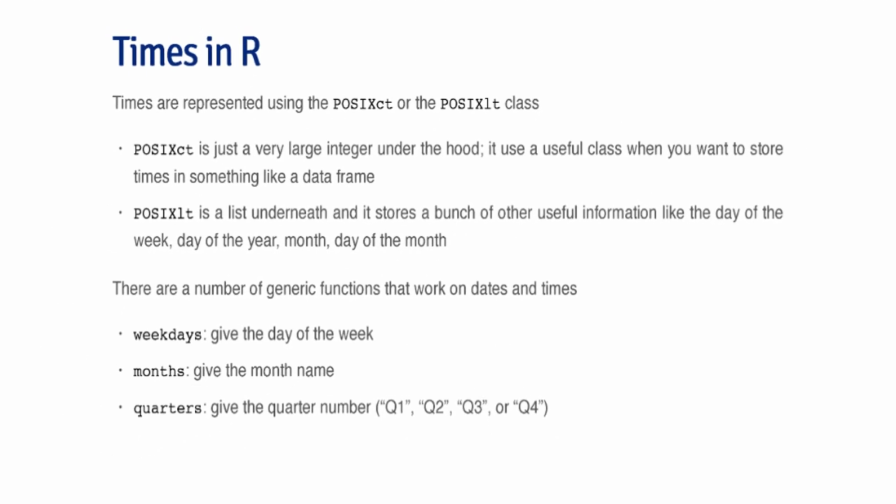Times, on the other hand, are represented as two possible types. One is called POSIXct and the other POSIXlt. POSIX is a family of computing standards for how things should be done on certain types of computers or how data should be represented, and there's a family of standards for how to represent dates and times that's part of the POSIX standard.